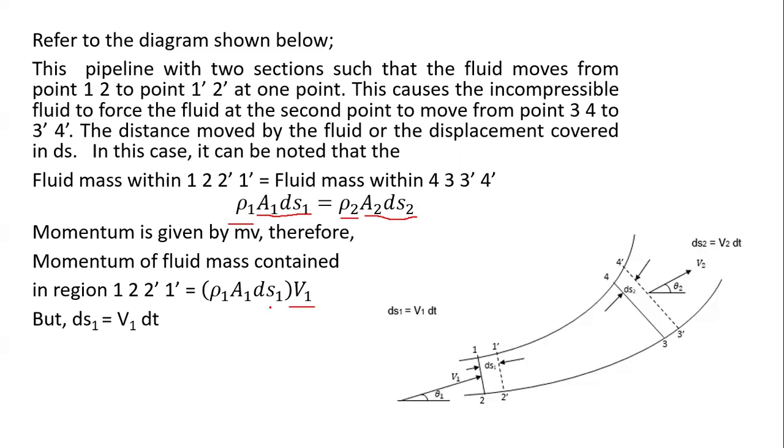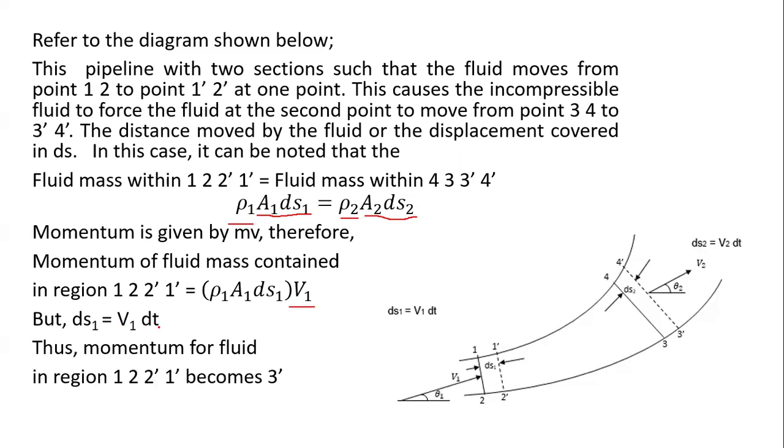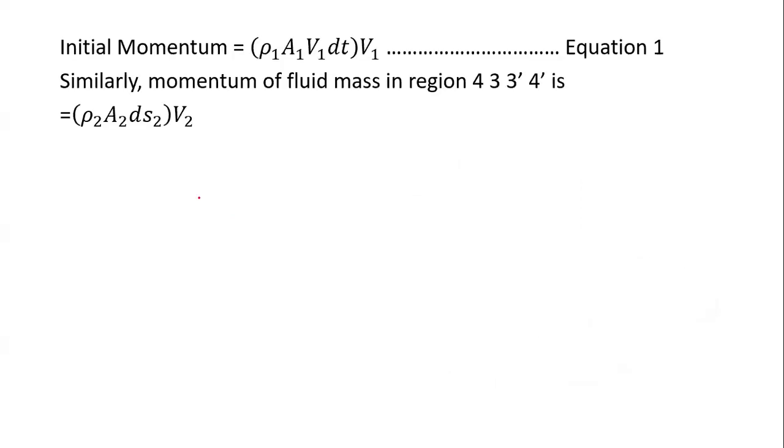Then also displacement, because velocity is displacement over time. So if I make displacement the subject, it's velocity times time. With that in mind, I can go back to this equation, and where there is ds, I'll put v1 dt. So I have my equation here as v1 dt. Everything else remains the same.